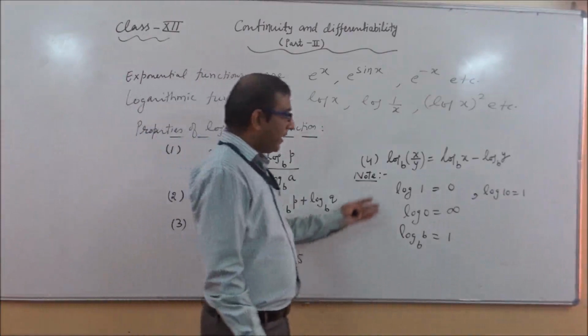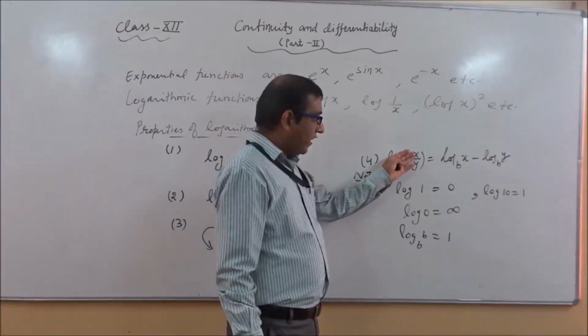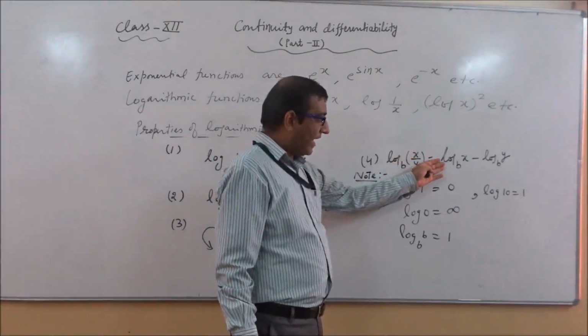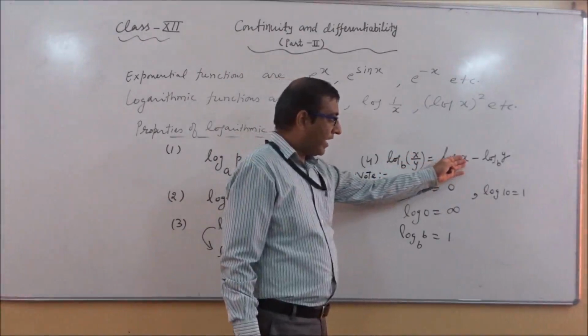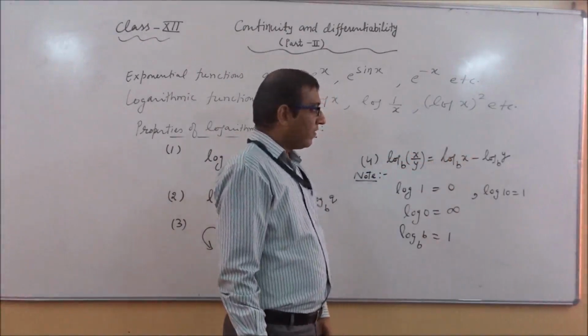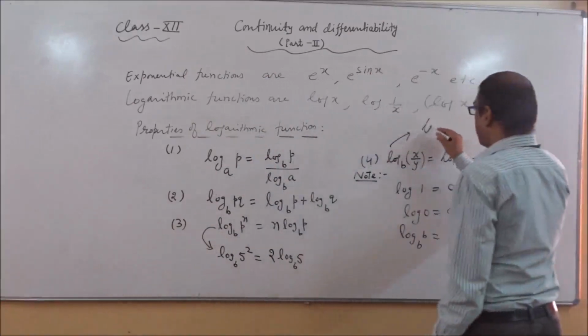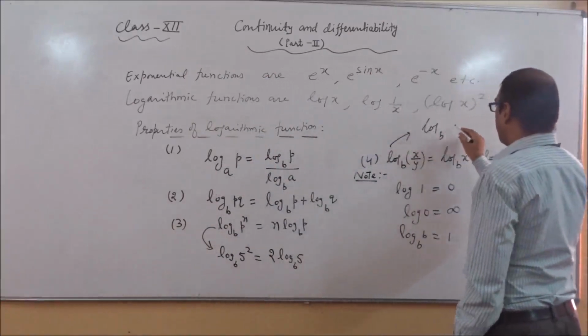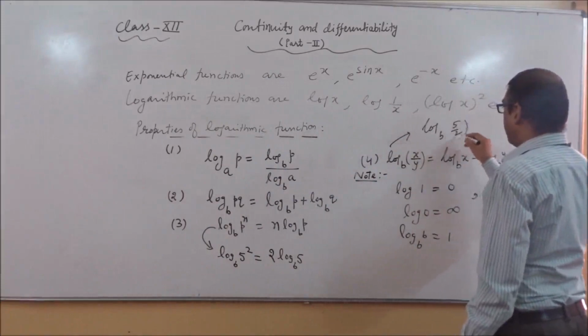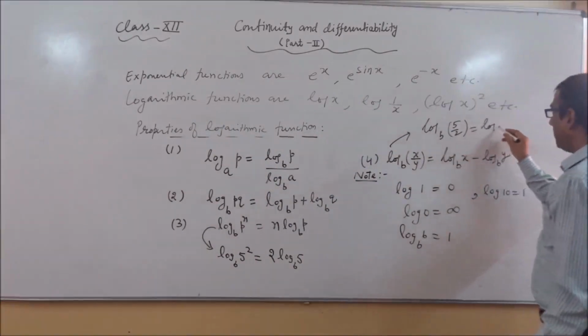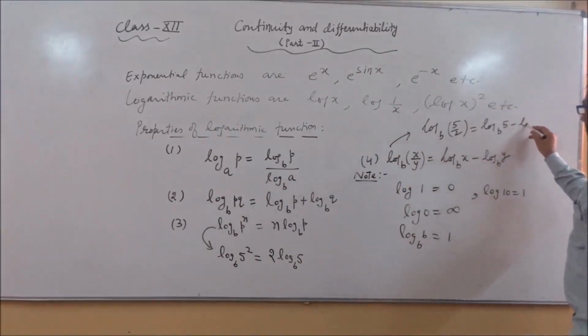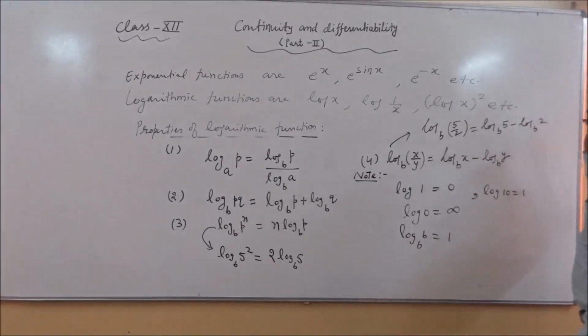In the fourth property, log base b of x upon y can be written as log base b of x minus log base b of y. It means, for example, if this type of condition is given, then it can be written as log base b of 5 minus log base b of 2.